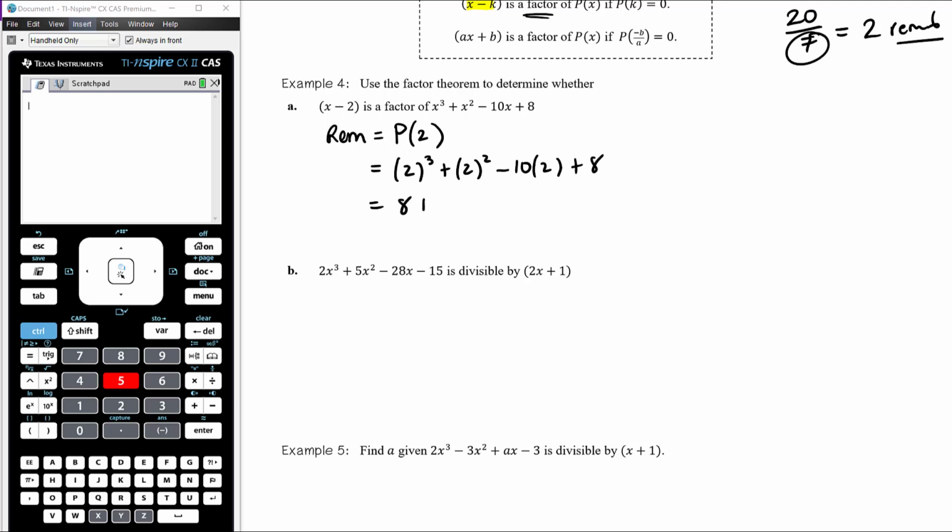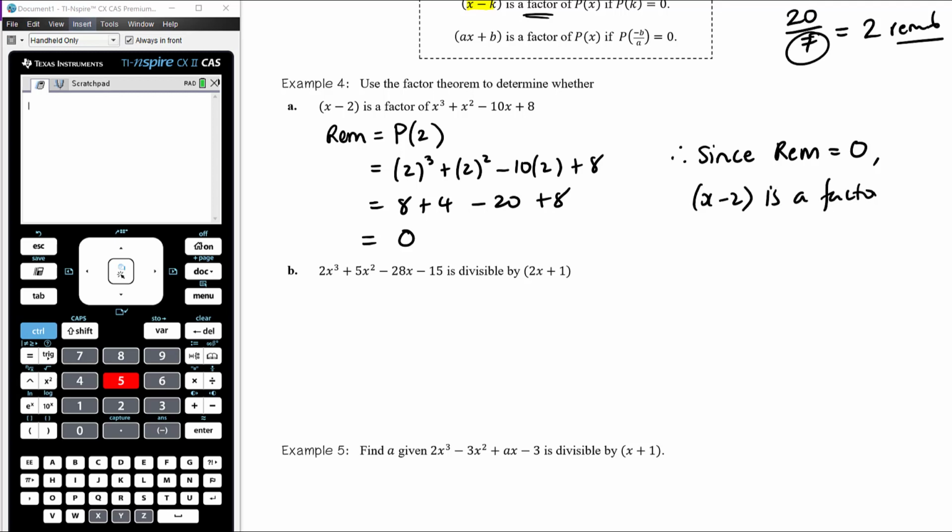So that would be 8 plus 4 minus 20 plus 8. Now 8 plus 4 is 12, plus another 8 again is 20, and so you've got 20 minus 20, so you get 0. Okay, so therefore, since the remainder is equal to 0, x minus 2 is a factor.